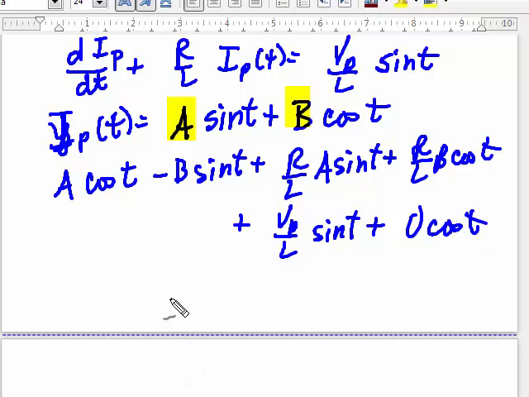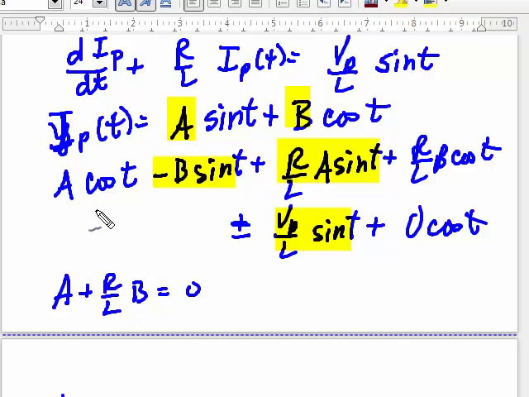And then I equate all the terms that are sine terms. So I have two equations. So here's the equation for the cosine. It'd be a plus R over L times b equals 0. That's for the cosine terms.